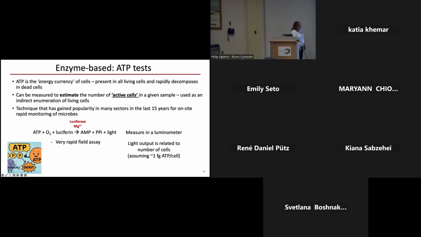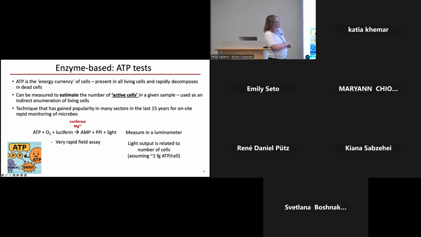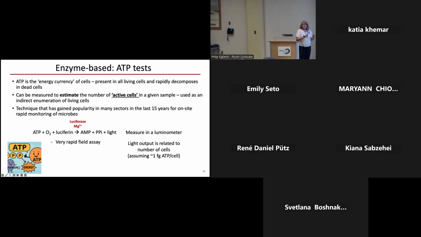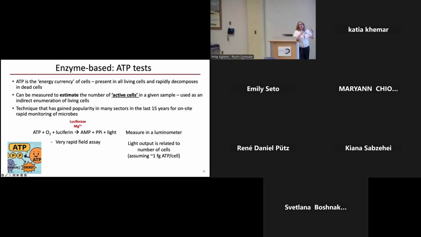Okay, and the last test that we're going to talk about is one that you will be working on today. It's an enzyme-based test called the ATP test. As you may recall, ATP is the energy currency of cells. It's present in all living cells, but it rapidly decomposes in dead cells. So with this type of assay, you're estimating the number of active cells in your system.